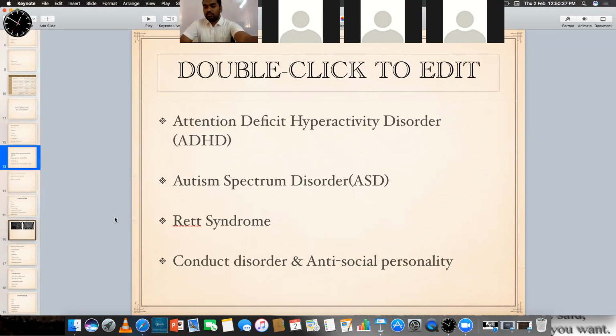That is Rett syndrome. And another differential for Rett syndrome would be lead poisoning. Even in lead poisoning, you'll have regression symptoms.